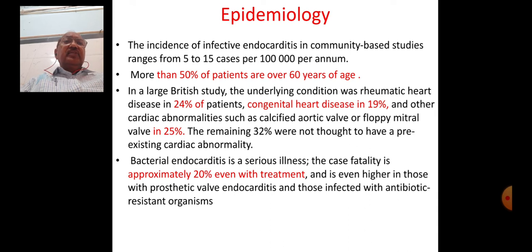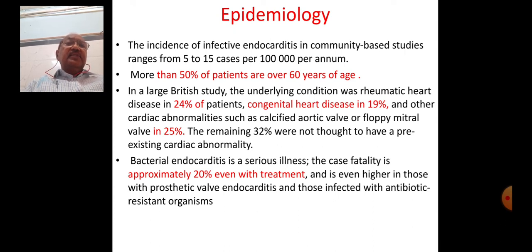Regarding the epidemiology, the incidence of infective endocarditis in community-based studies ranges from 5 to 15 cases per 100,000 per annum. More than 50% of patients are over 60 years of age.